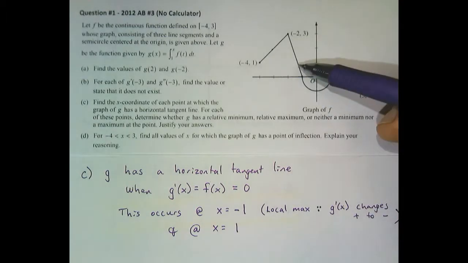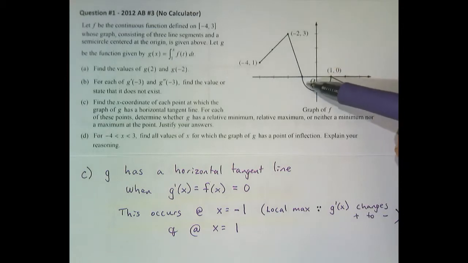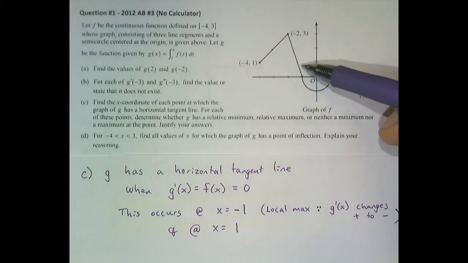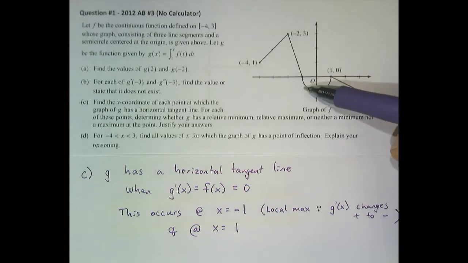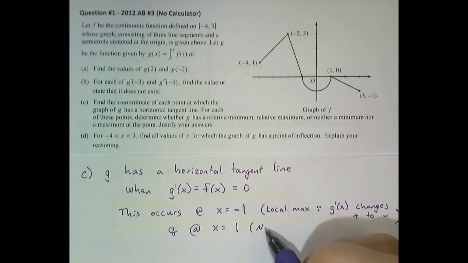So that means essentially the slope of G is positive, then the slope of G is negative, which means the function G goes from increasing to decreasing. At 1, because the sign of G prime did not change, it was negative to negative, this is neither.